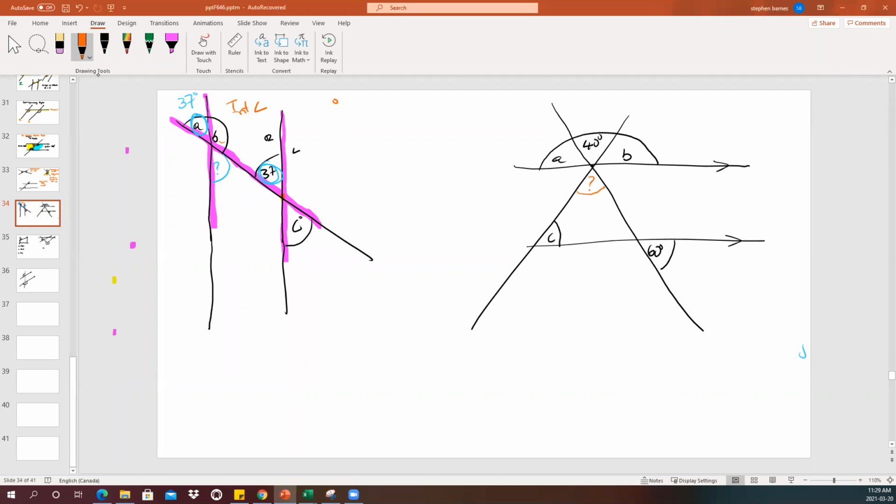So I know that this angle right here, because they're vertically opposite, is going to be 40 degrees. Now, if this angle is 40 degrees, then I know that this angle is 40, 40 and 40. All of these here are on a straight line.